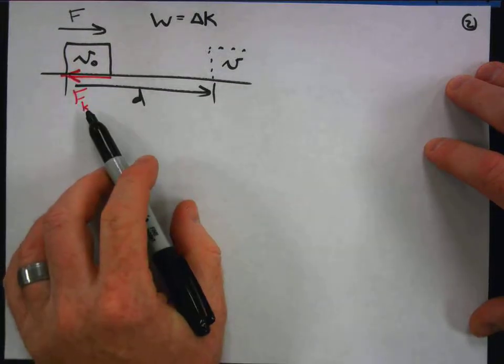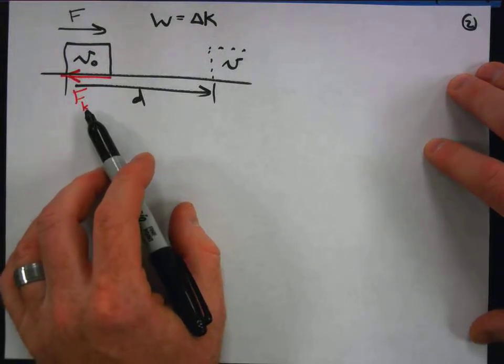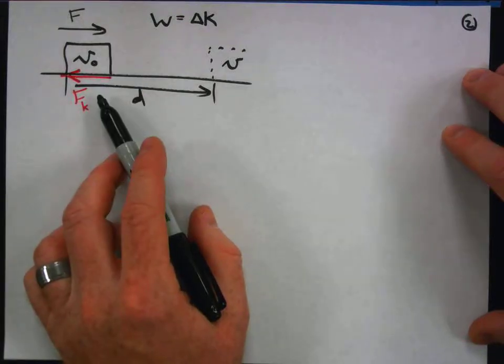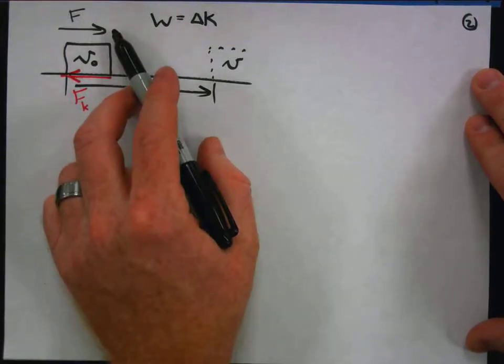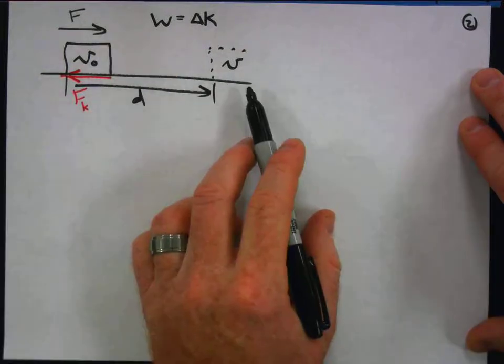Friction is a non-conservative force. It doesn't really work to store energy for us. This force that we're applying really is only necessary to overcome this friction. And so this force we're applying cannot store any energy in this box by moving it in this way.